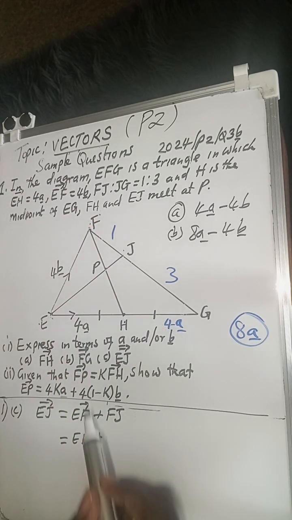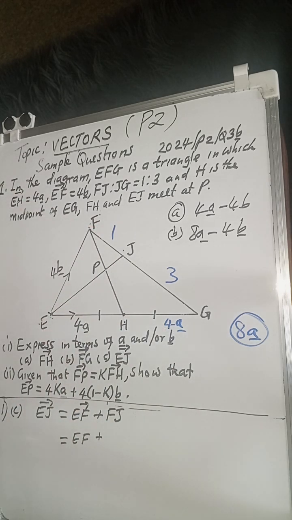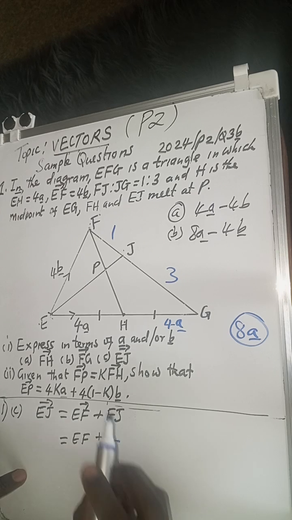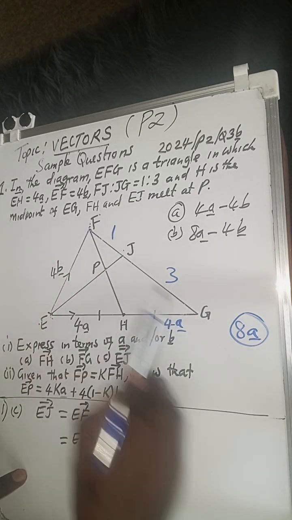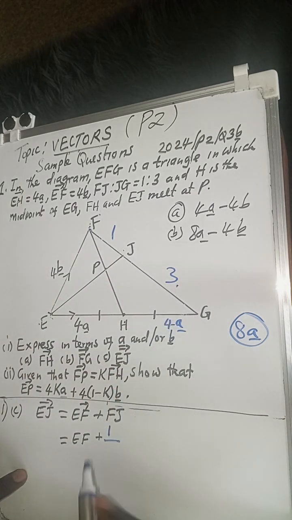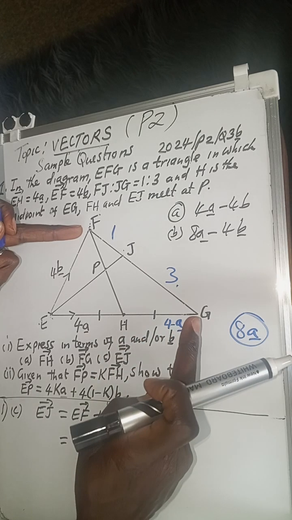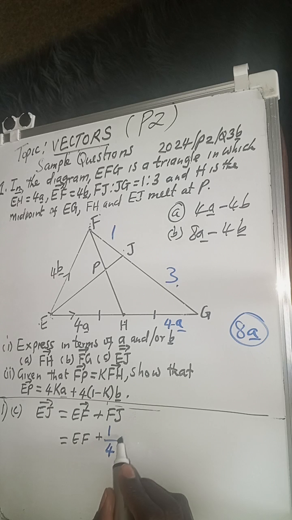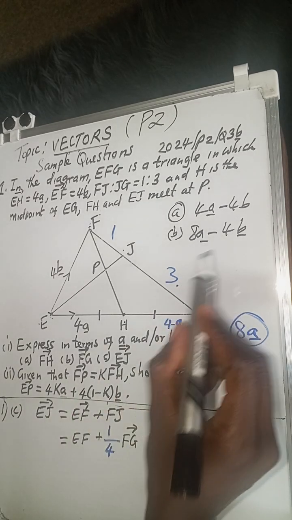What's the ratio of FJ? The ratio of FJ is simply 1 over the total ratio of this line FG, 1 plus 3, which will give you 4. Then you multiply by the whole entire vector, which is FG. That's what we do. And we have found what our FG is.